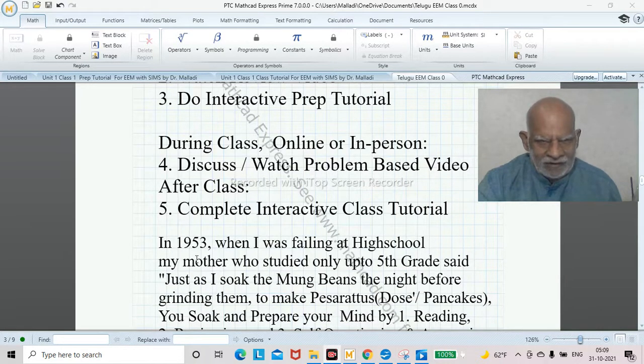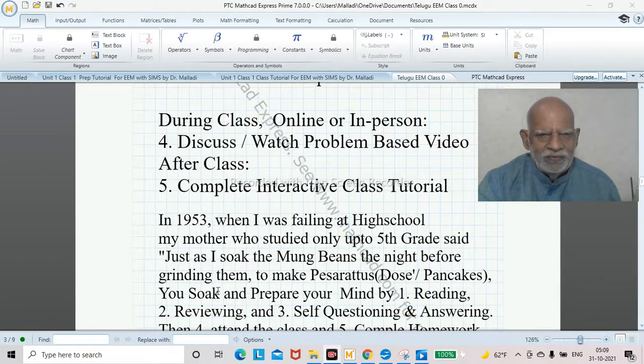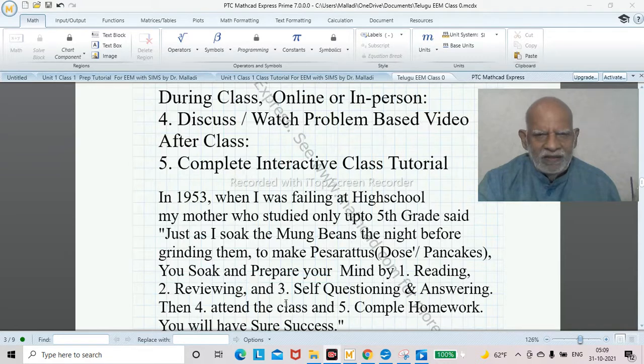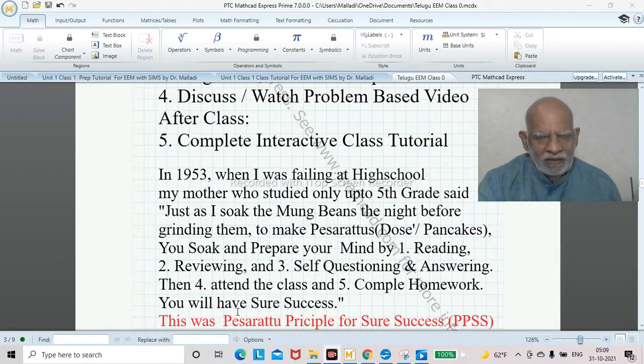How did I come about this particular procedure? In 1953, when I was a failing student at high school, my mother, who studied only up to 5th grade, said, "Son, just as I soak the mung beans the night before grinding them to make pesarattu, that is dosa, pancake, you soak and prepare your mind by: 1, reading the textbook; 2, reviewing it yourself; 3, answering the questions at the end of each chapter; 4, attending the class and participating in it actively; and 5, finally completing the homework immediately after school.